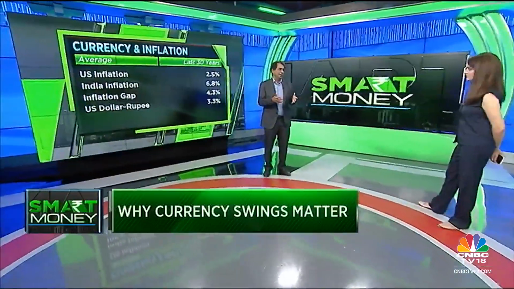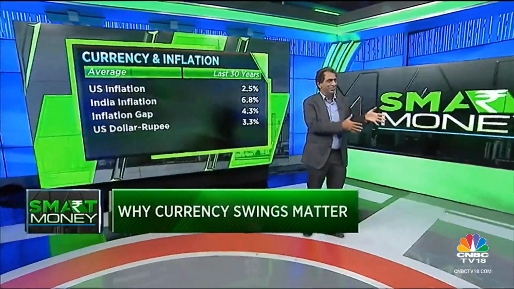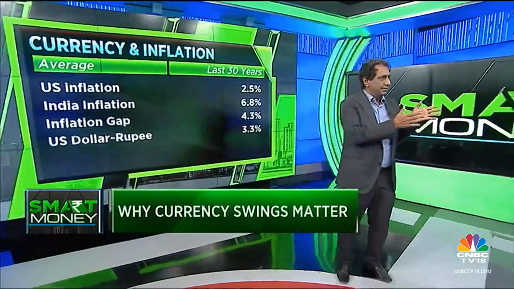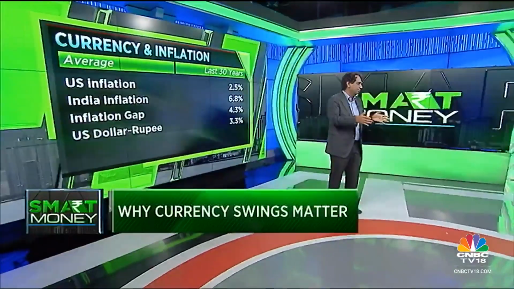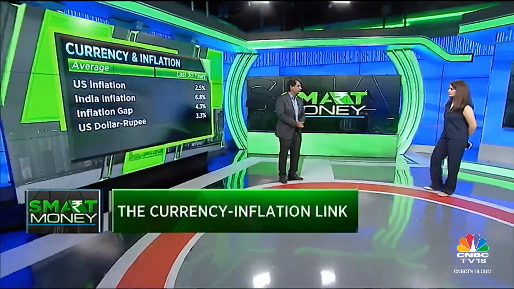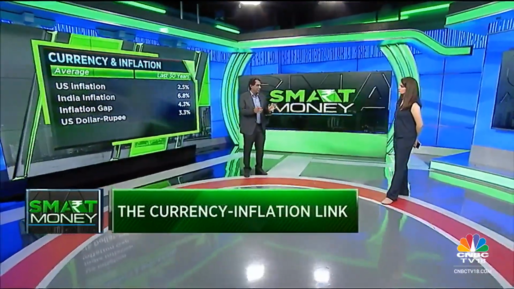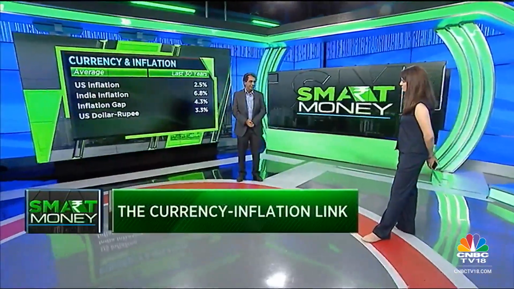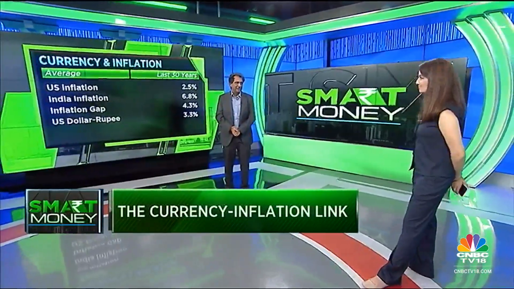Just to give you a very popular or liquid pair, USD versus pound, again on a last 30-year basis, the USD has appreciated roughly about 1% against the pound in 30 years, because the inflation differential has been roughly 1%. So the point is, very long term, it follows inflation, which is why a widely used metric to track currency is the real effective exchange rate.